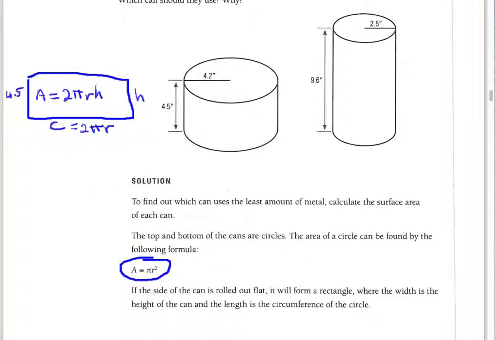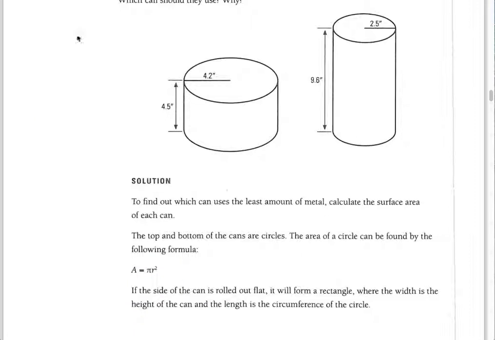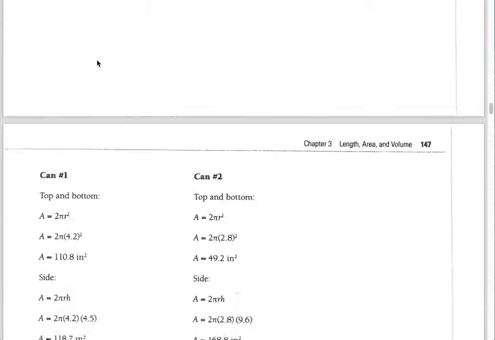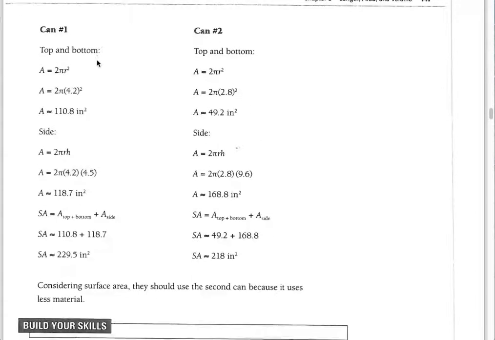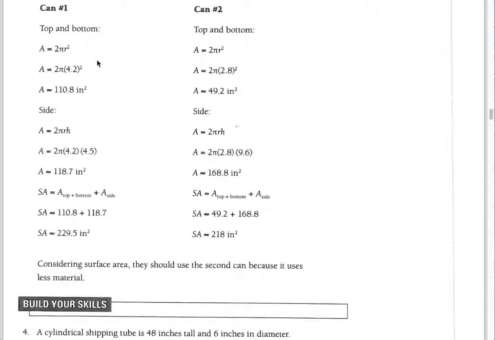Okay, so let's have a look below, scrolling down. They look at the dimensions for both cans. So can 1, we have the area of the top and bottom, which is 2 pi r squared, and the radius was 4.2.